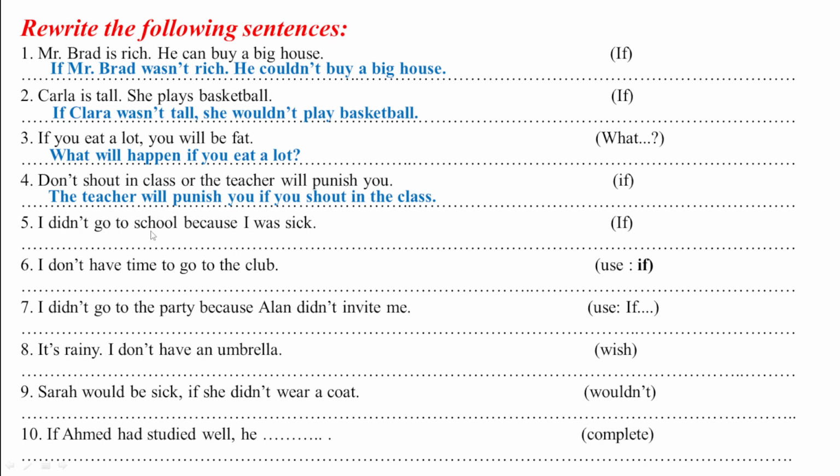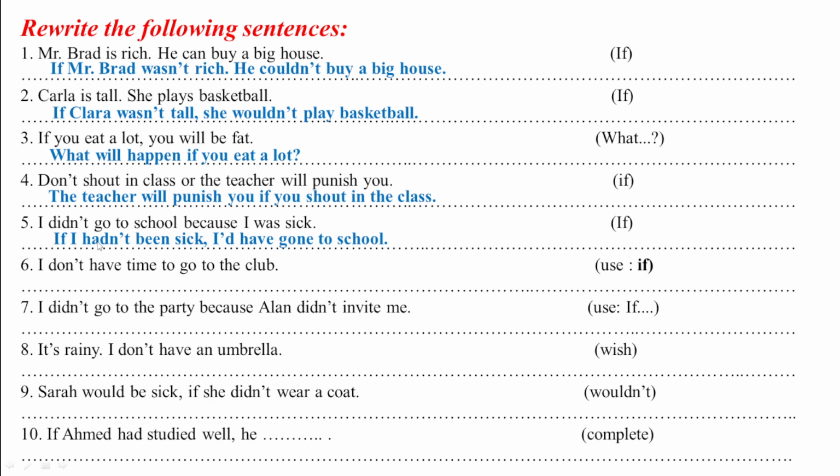When we use it in the third conditional, we will change it from being negative into a positive sentence in this way. If I hadn't been sick, this sentence was affirmative or positive. I changed it into the past perfect because this is the condition, and it turned into a negative sentence. If I hadn't been sick, I would have gone to school.